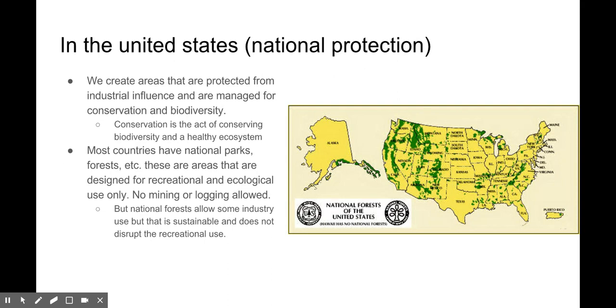I mentioned the United States, but they're not the only country doing this. Most countries have national parks, national forests that are designed for recreational ecological use only. There are some locations that are allowed for very sustainable use and recreation, but not very intrusive things like mining or clear cutting or drilling for oil, which generally have a larger ecological impact than mild logging sustainably done.